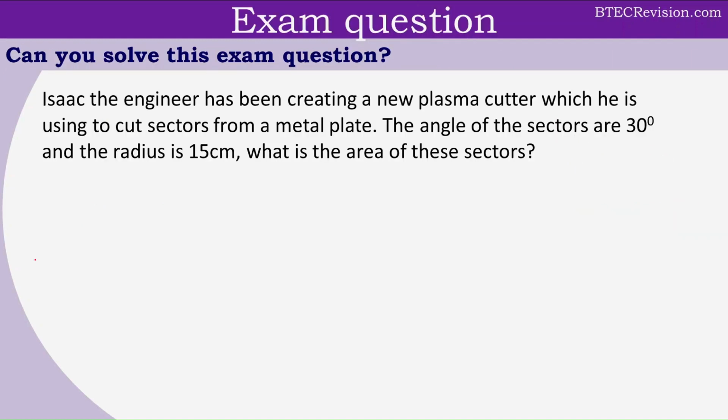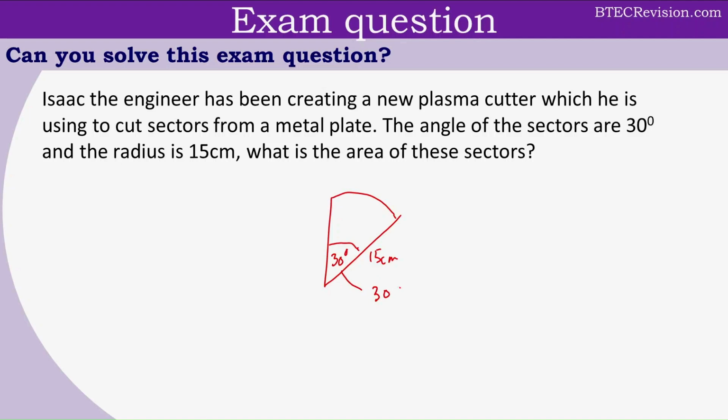Now pause the video here and attempt this exam question. The first thing we should do is create a quick sketch of a diagram. And we can see here we have an angle of 30 degrees and the radius is 15 centimeters. And the second thing we should know is we need to convert the units.